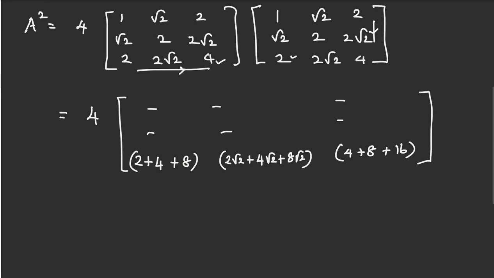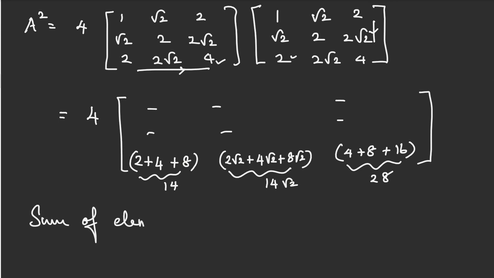So the sum of the elements of the third row will be the sum of these elements, 14, the sum of these elements will be 14 root 2, and the sum of the elements will be 28. Now we take the sum of elements of the third row.